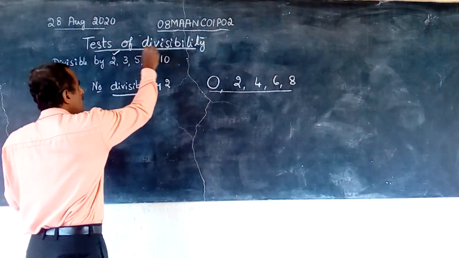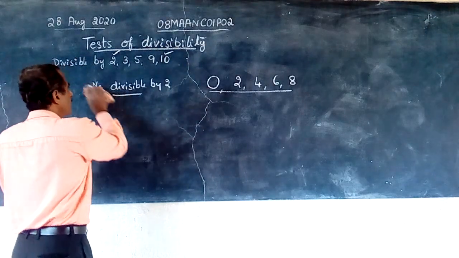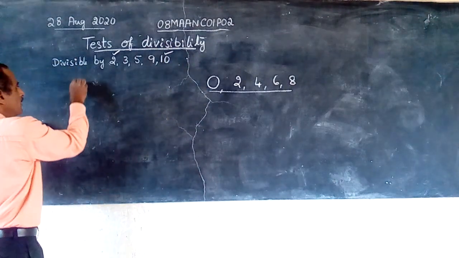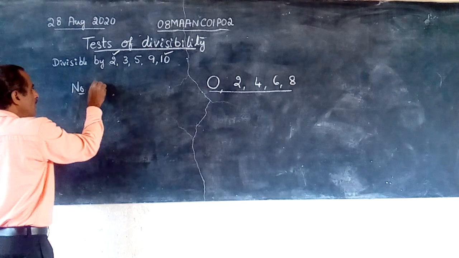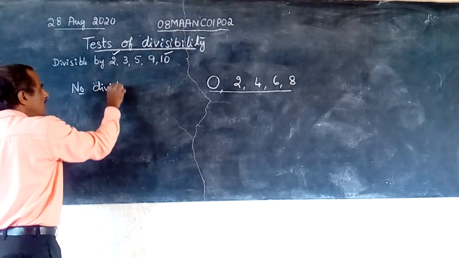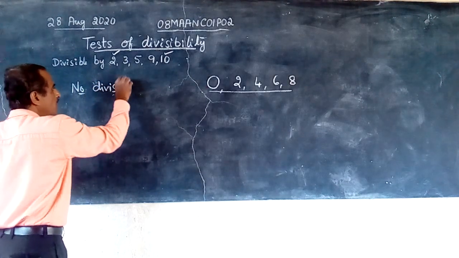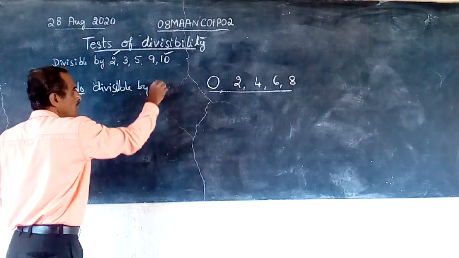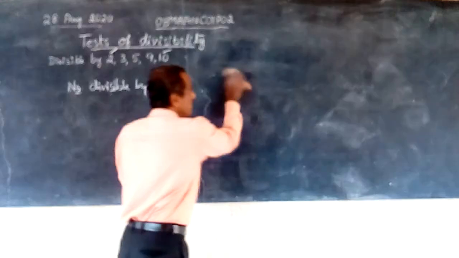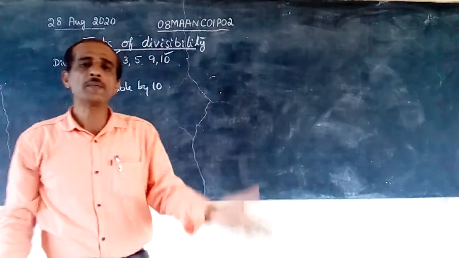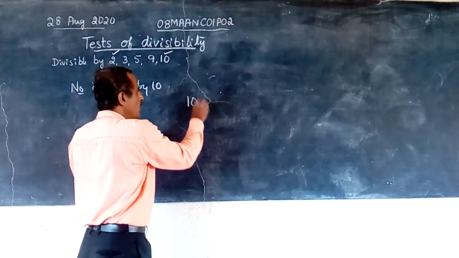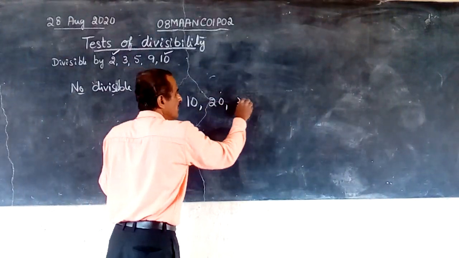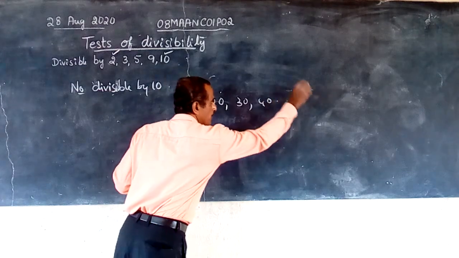Next, let us check about 10. Whether a number is divisible by 10 or not. Which numbers are divisible by 10? See how to check. 10 means here it must be a multiple of 10. See, 10, 20, 30, 40. These are the numbers divisible by 10.